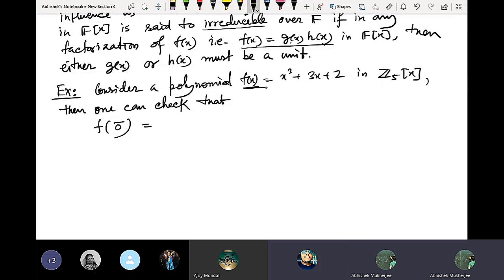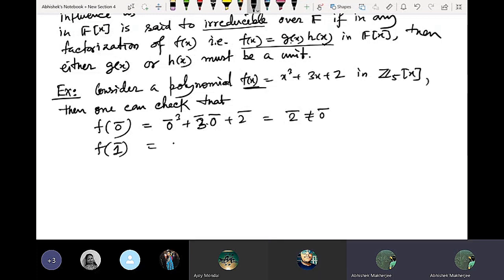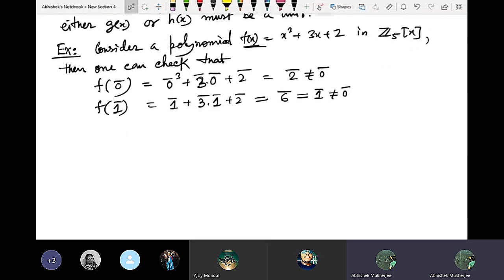If we evaluate at 0 class, then this is 0 cube + 3·0 + 2 class, that is 2 class, which is not equal to 0 class. Now if we put 1 class, then it is 1 + 3 + 2, that is 6 class, which is equivalent to 1 class, which is again not equal to 0 class.